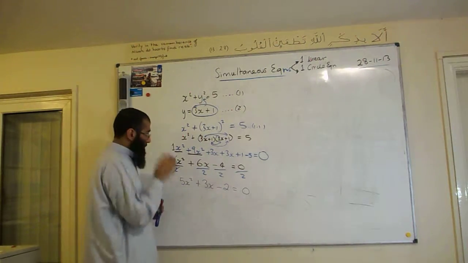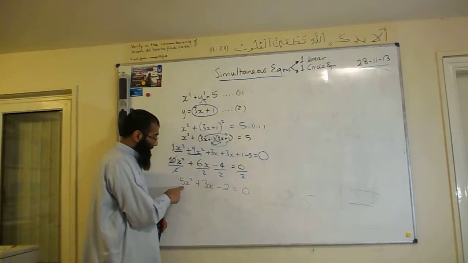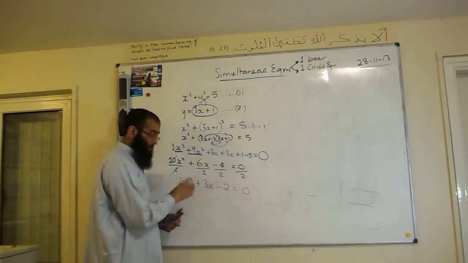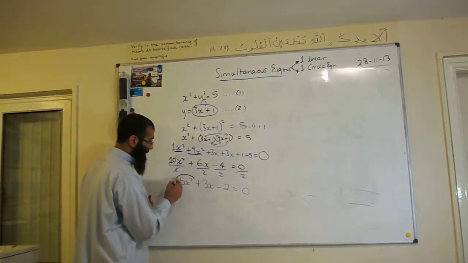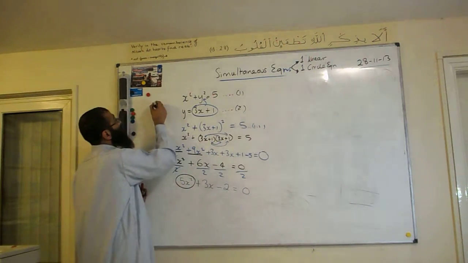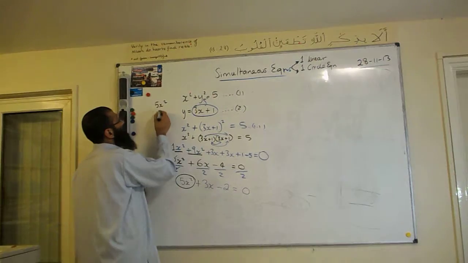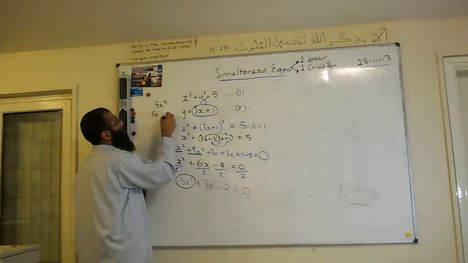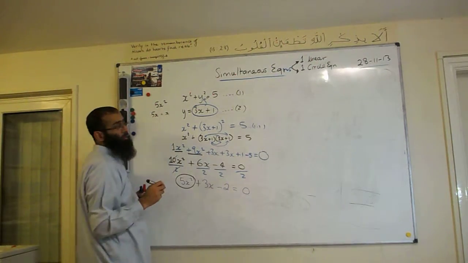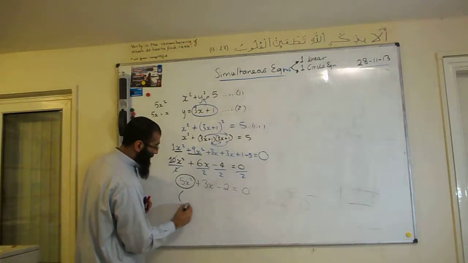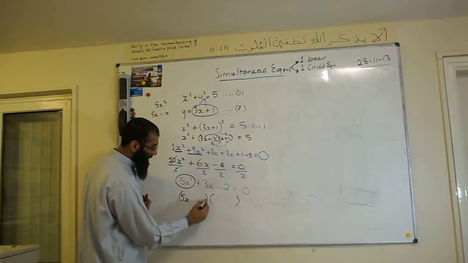Now, when we factorize quadratic equations that have a coefficient of x squared higher than 1, then we need to split up this number as well. For example, we look at this 5x squared here. 5 is a prime number, it can only be split up into 5 and 1. So when we do our brackets, the only way we can factorize the first part is by having a 5x here and an x here.